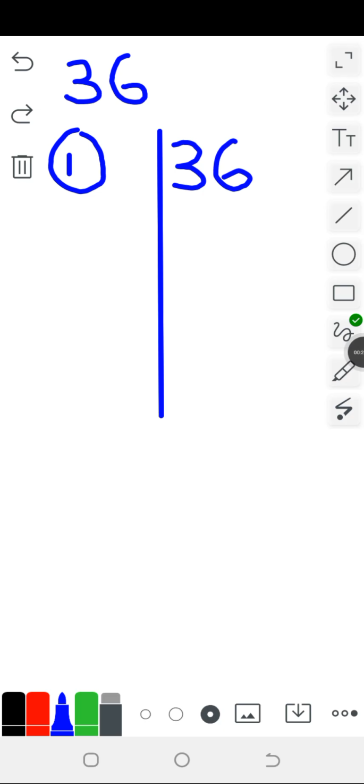Now we use 36 to divide prime numbers, starting with the list. The first prime number that we have is 2. Now 36 can divide 2 to give a whole number. So we write 2. 36 divided by 2 will give us 18.